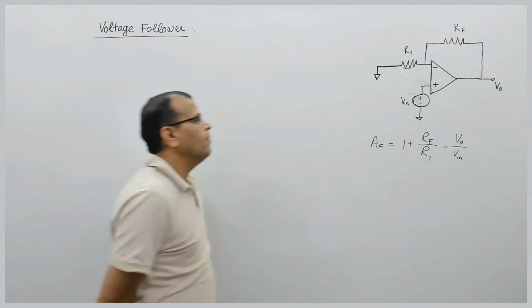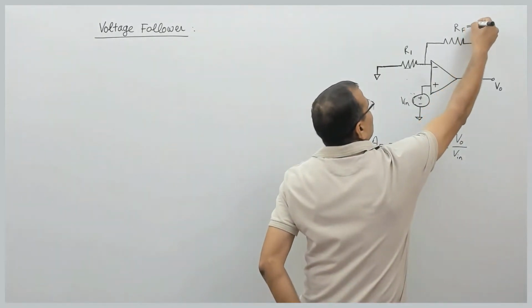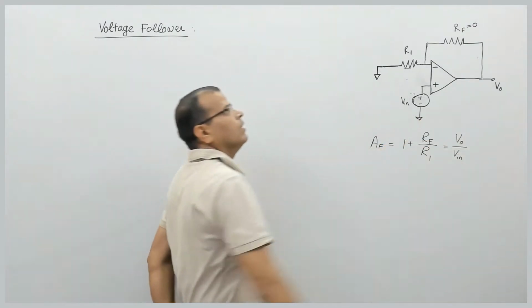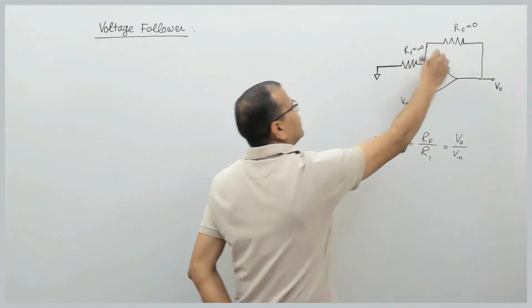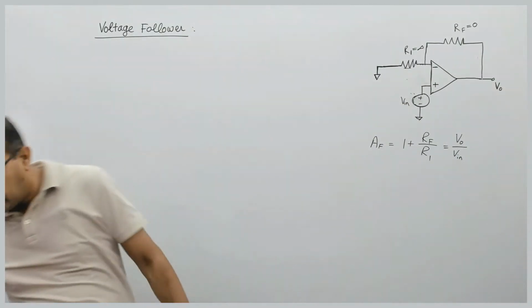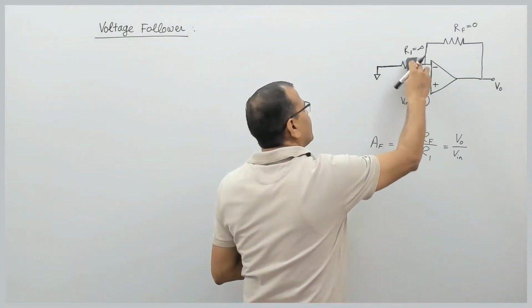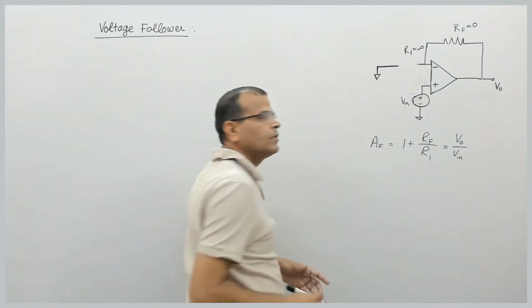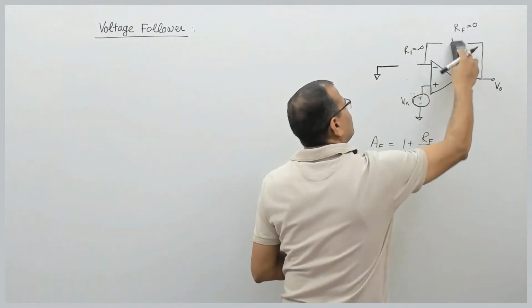But here, if I make R1 infinite, what is the meaning of infinite? I replace it by an open circuit, and I replace RF by a short circuit.